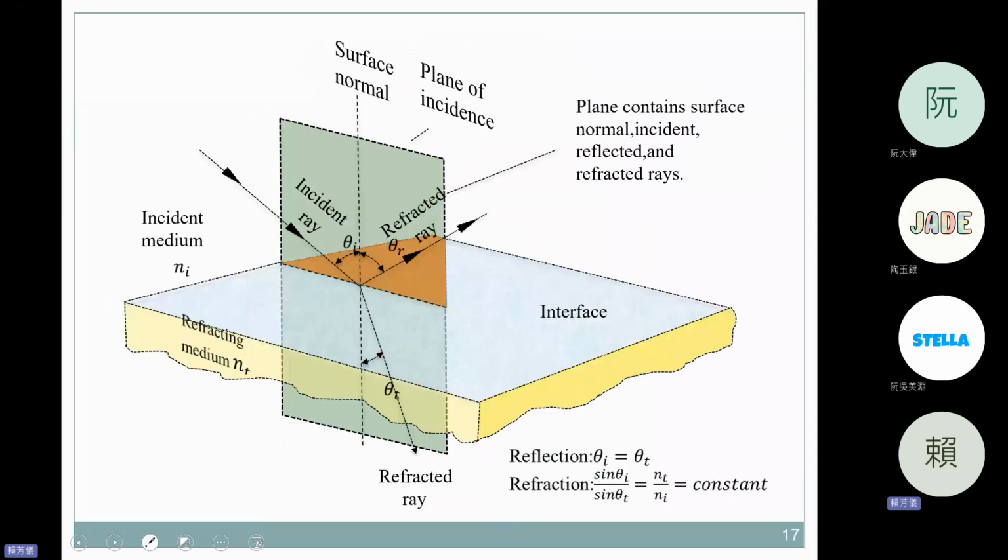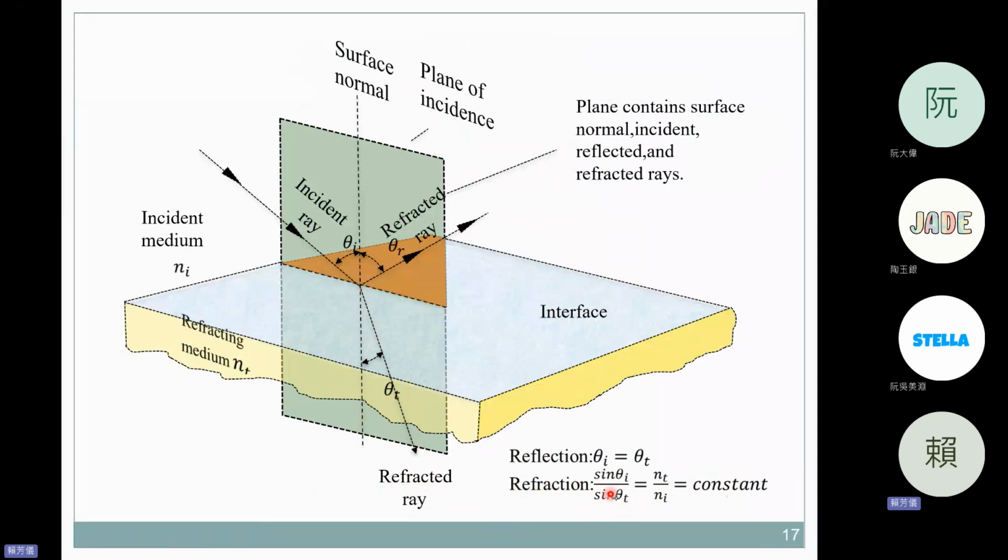Okay, so back to this figure. It is the same with the refracted ray. We know the law of refraction is sine theta I divided by sine theta T equals a constant, where theta T is the refracted angle, the refracted ray relative to the surface normal line.